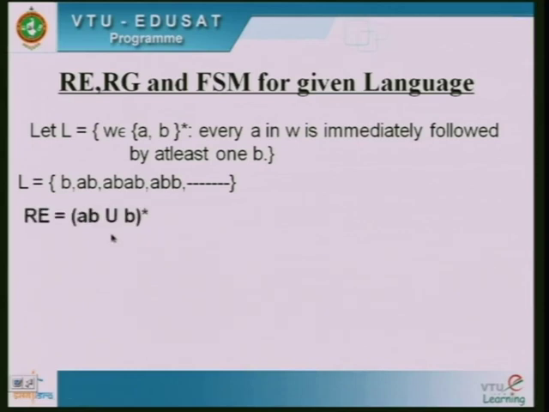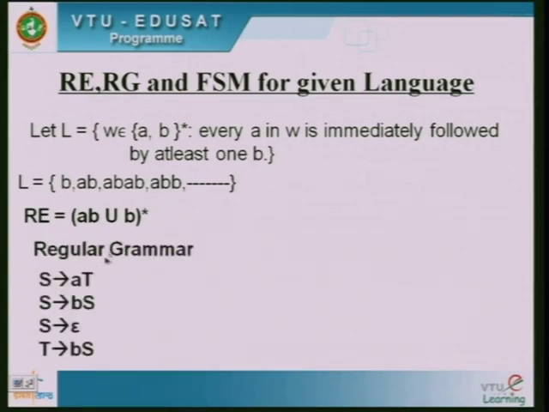If you write the regular expression, it will be AB union B whole star. It can be a single B, 2 B's, any number of B's, but if A is there, A should be followed by B. And if you write the grammar for this, you can generate either, if you are generating A, then you should generate B, or else you can generate B. Okay.